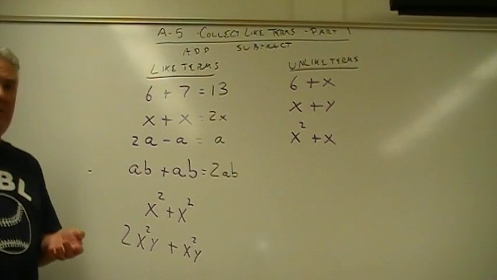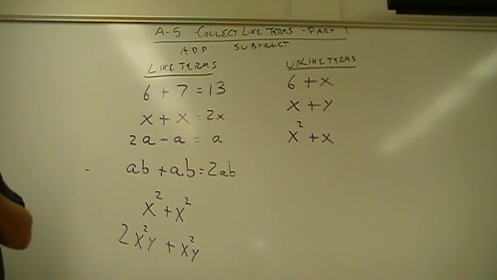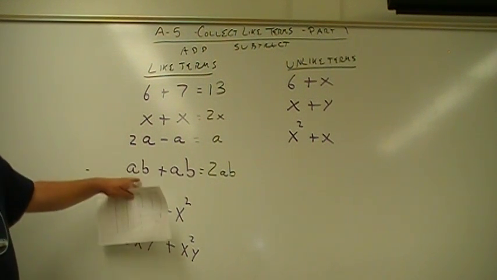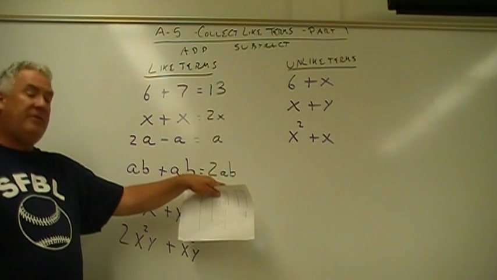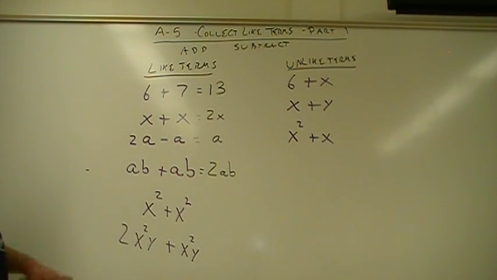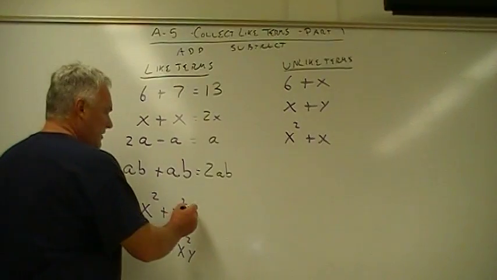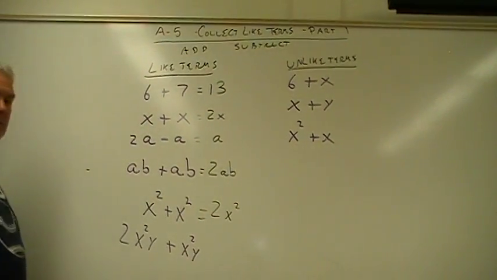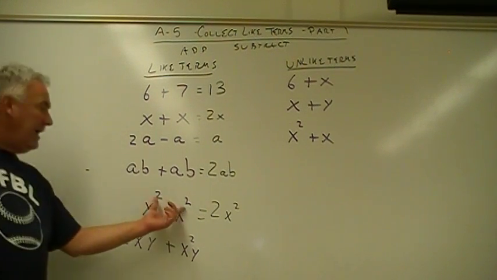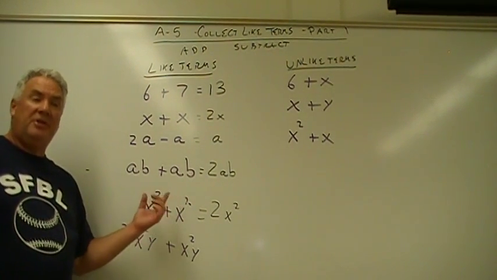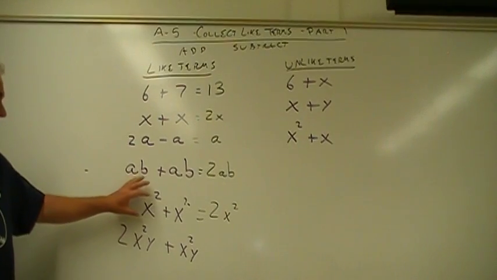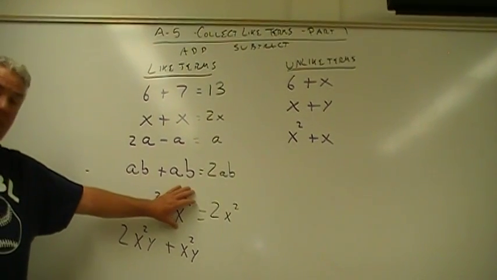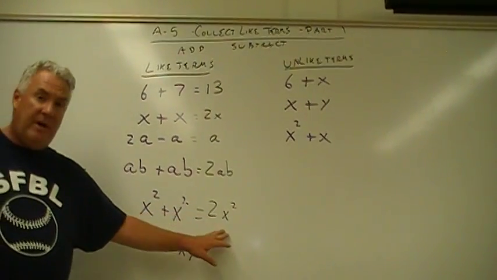Soon enough, we're going to do multiplication with our like terms, and I'll let you know what we do when we multiply. We'll deal with squares and things like that. AB plus AB means we have two ABs. Same with x squared plus x squared: 2x squared. We don't add the exponents in this situation, everybody. 1x squared plus another x squared is 2x squared.